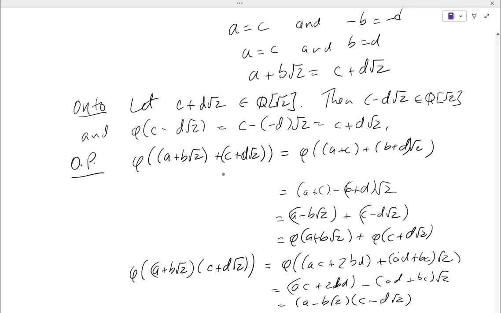What I mean by that is compute your phi of A plus B root 2 and your phi of C plus D root 2, and see you get that. Compute one, compute the other, show they're the same.